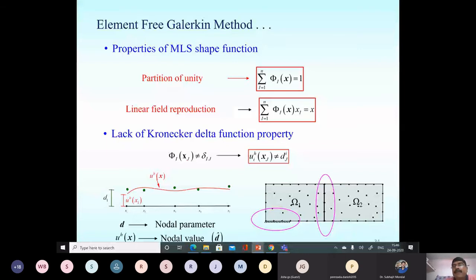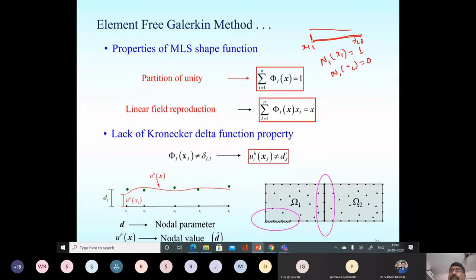For example, in FEM, if I have an element like this, and I define N1 and N2, with this at x1 and this at x2, N1 at x1 is 1 and N1 at x2 is 0.